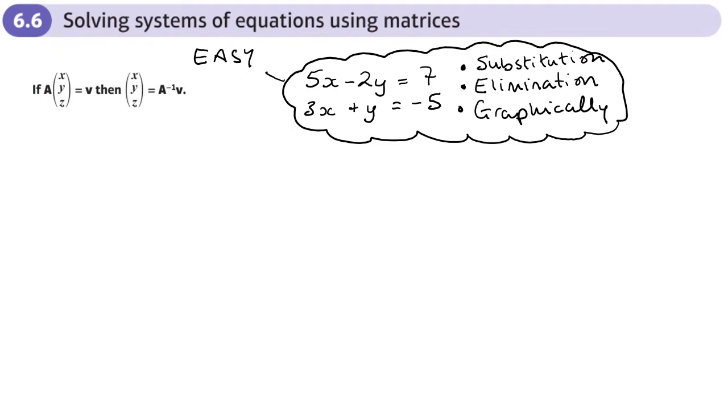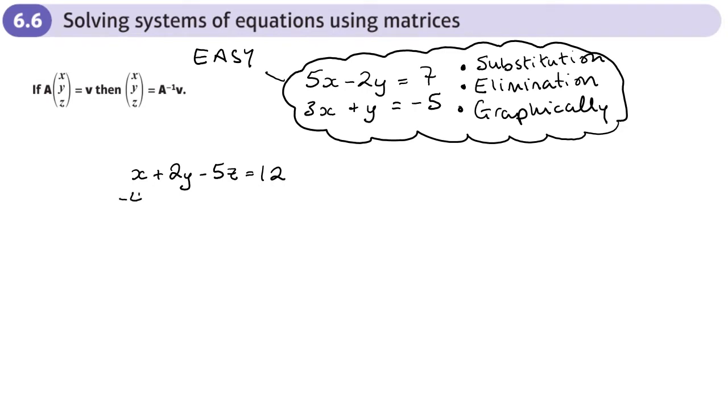What's tricky is when you have a set of equations where you have three variables. So for example, you might have x plus 2y minus 5z equals 12. Because there's three unknowns, we need three equations.